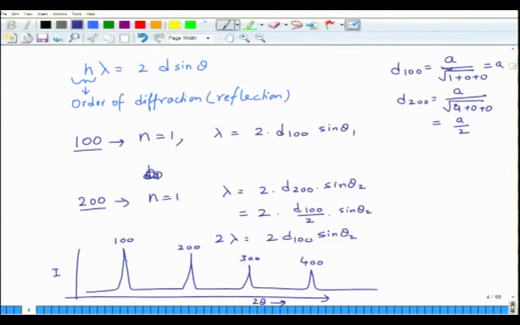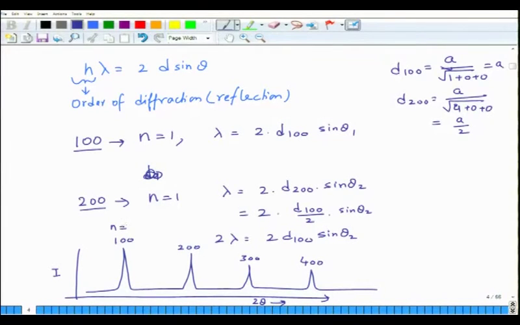You can call this as first order 100, this as first order 200, this as first order 300, this as first order 400, or alternatively you can say this is first order 100, this is second order 100, this is third order 100, and this is fourth order 100. That is the significance of n.